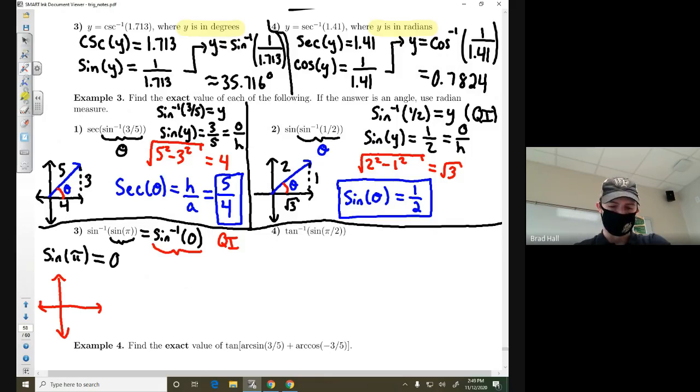So what would this come out to be? You would set this equal to y, and then you would get that sine of y is equal to 0, which is opposite over hypotenuse. So then your opposite would be 0 and your hypotenuse would be 1. So you have a dimension that's equal to 0, which doesn't make any sense.